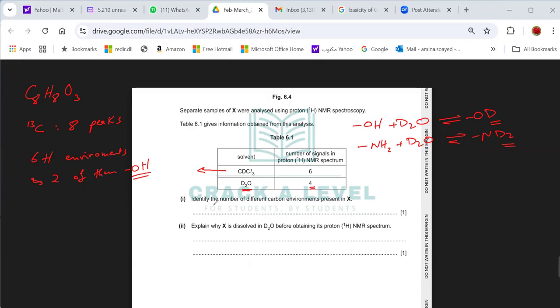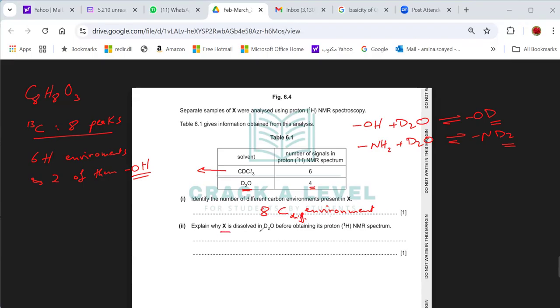Now they said identify the number of different carbon environments present in X. So as we said here, as there are 8 peaks, then we have 8 different carbon environments.